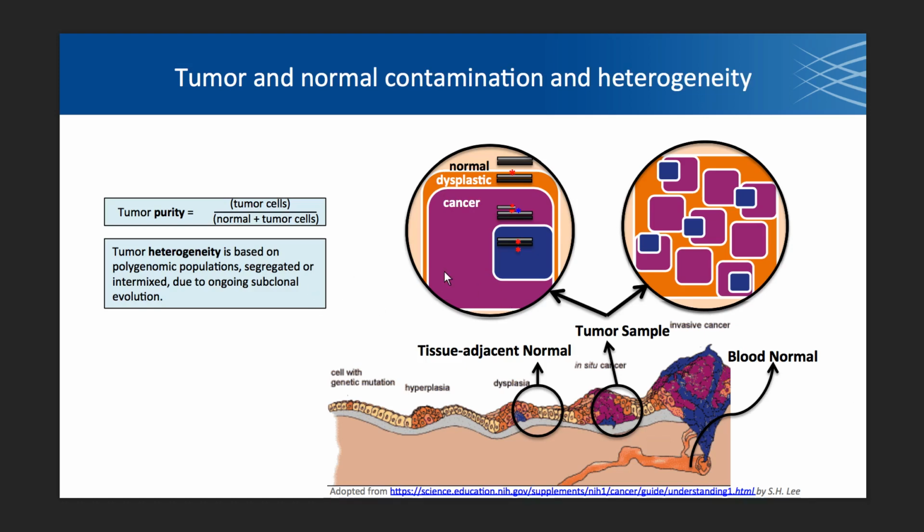In these circles, we're showing two different pathologies of the tumor. One is called segregated and the other intermixed. Either way, when you sample the tumor, you're going to get additional subpopulations that have different mutations on top of the clonal cancer population. And so we have to rely on our pathologists and algorithms to sort these kinds of factors out.